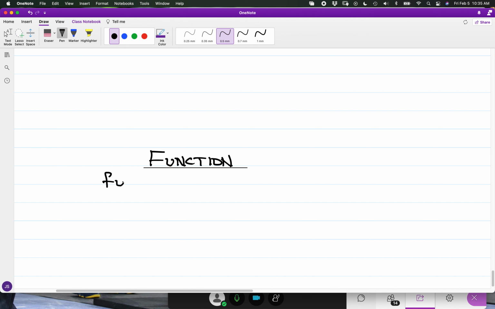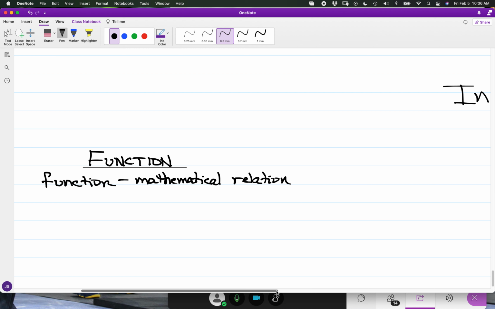And again, I'm just going to give you a bit of a mini lesson with functions. Now a function is going to be a mathematical relation. We're in the xy coordinate system.